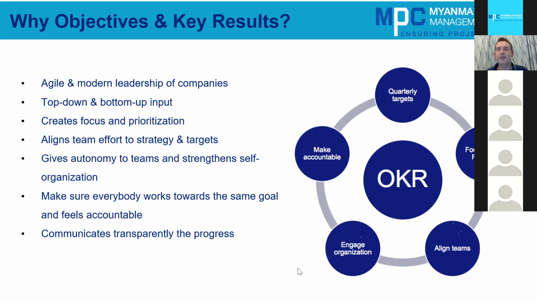Yeah, there's a question from Alex. Hi, Alex. Yes. So if you have, for example, an objective to raise the profitability, and you have sub-objectives from the teams, they have to be connected to the main objective.